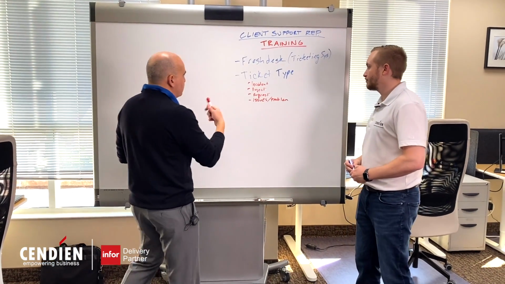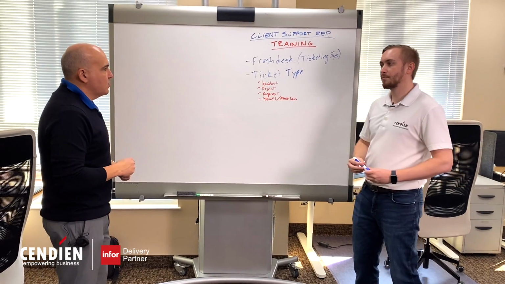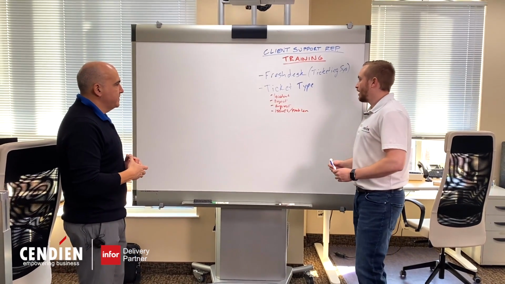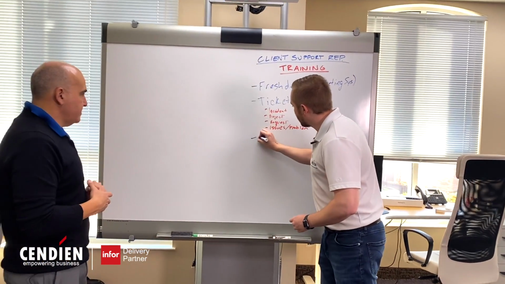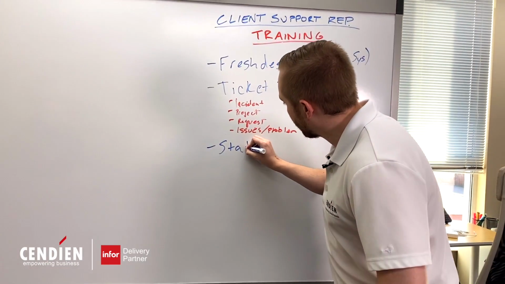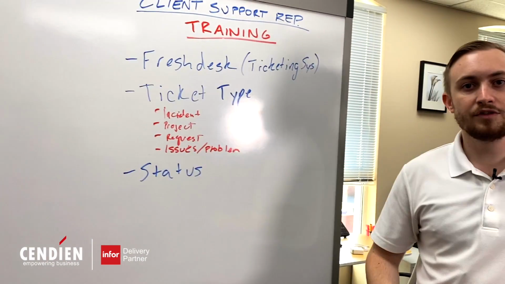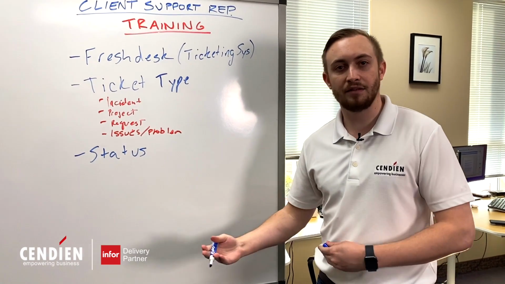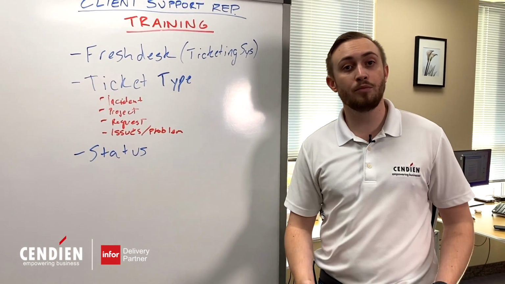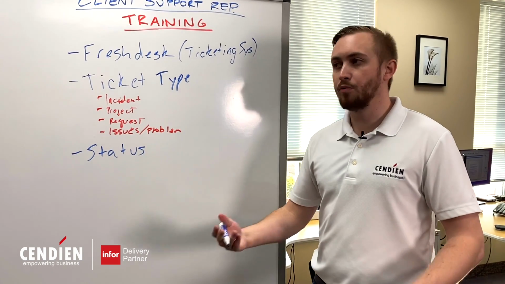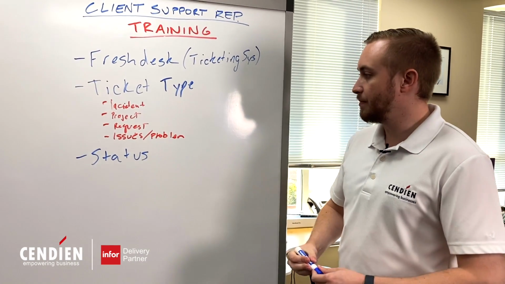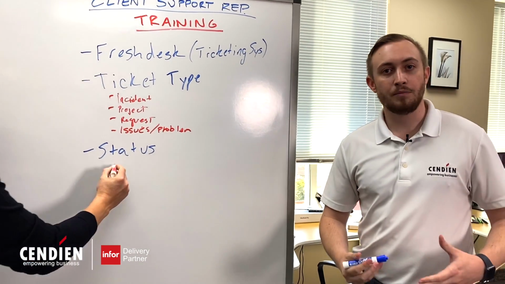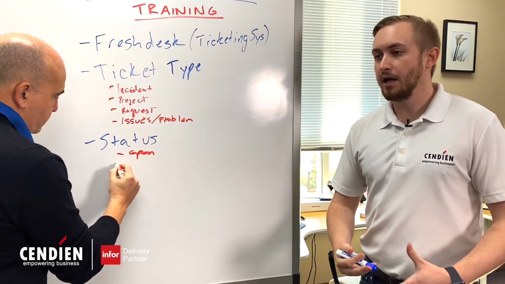And then what is the next thing that we want to cover on the training? I think the next thing is the status of the ticket. It's important for us as consultants and project managers to understand where the ticket is at in its life cycle. If it is just opened, it's most likely open status. After that, it could be being reviewed or researched.